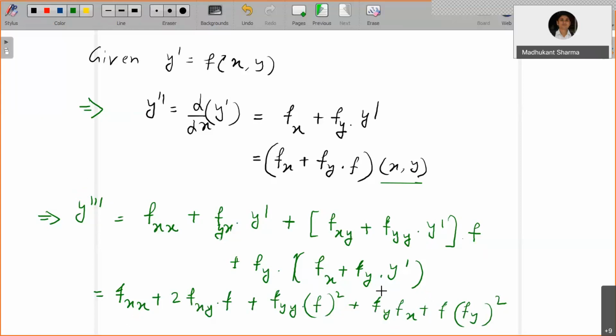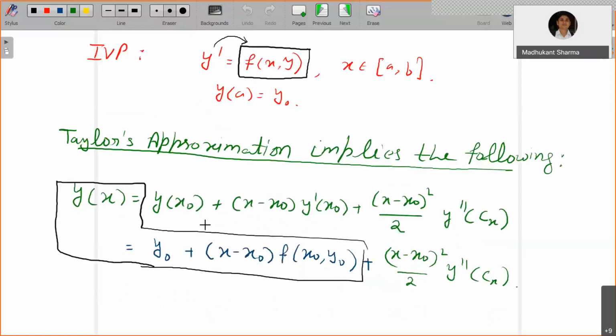Once you impose the condition that y is twice or three times differentiable, you observe from the expression of f that it is differentiable as many times as you require, so you try to go for higher order schemes. Now let's come back to our main problem. Taylor's approximation implies the following, as here we have assumed that the y second derivative does exist.